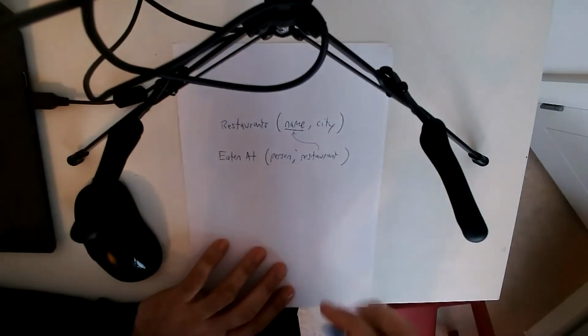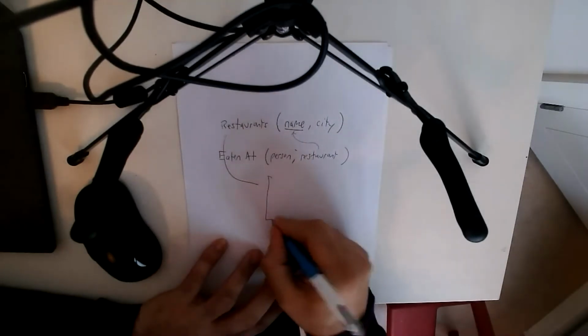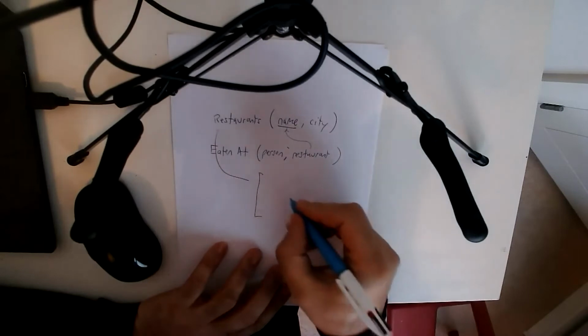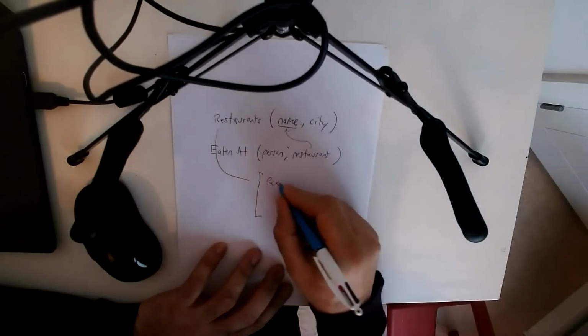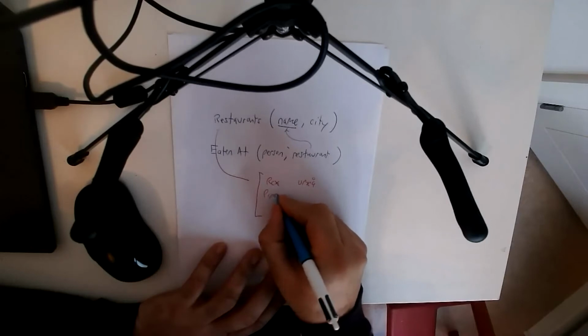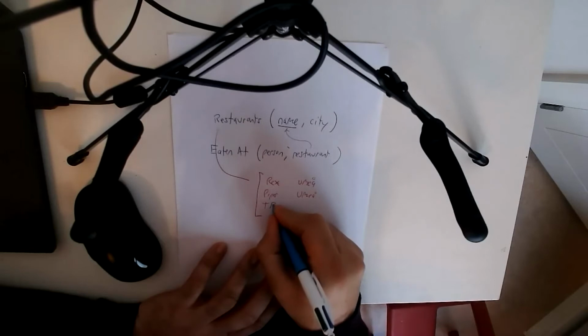When I say state, I mean an actual table. So this might be something like Rex, Umeå; Pipes, Umeå; and Taco Bar, Stockholm.